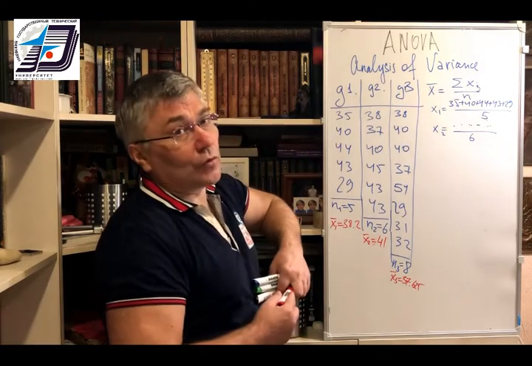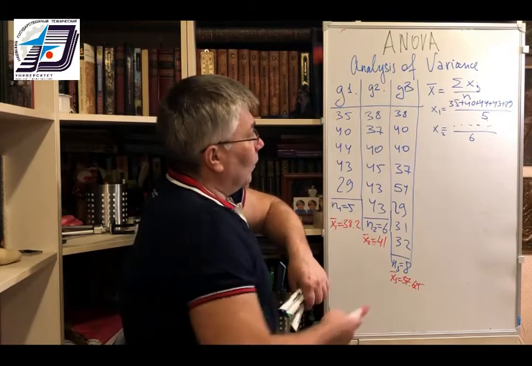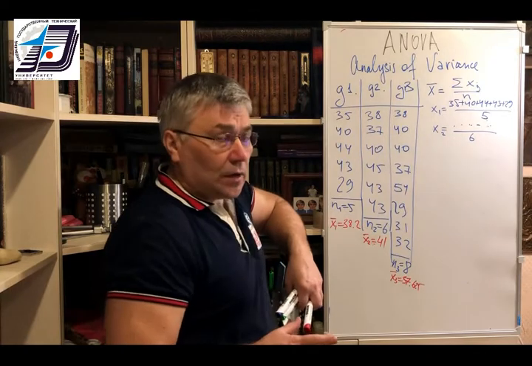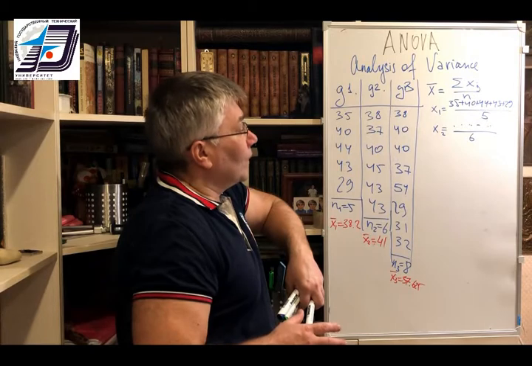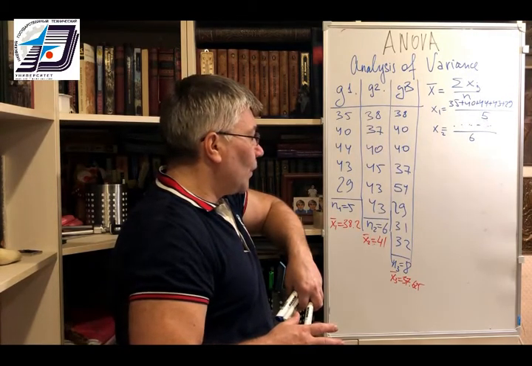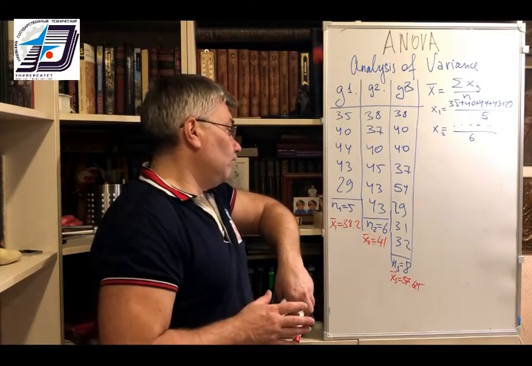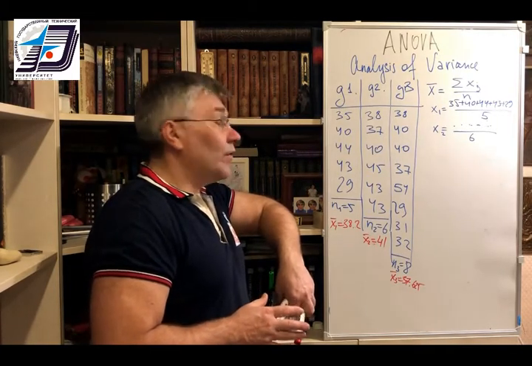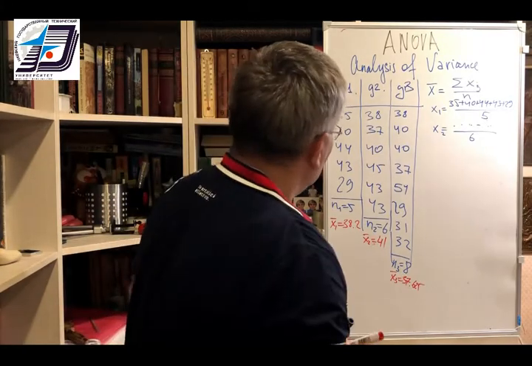So should the second one and maybe the first one have bonuses, and maybe we have to punish the third teacher? To answer this question, we have to make an analysis of variance. We have to calculate the set of variances.